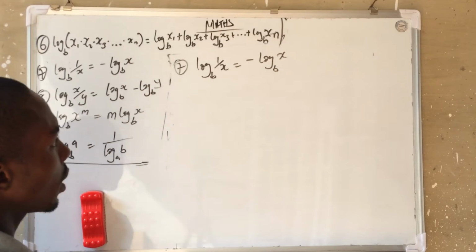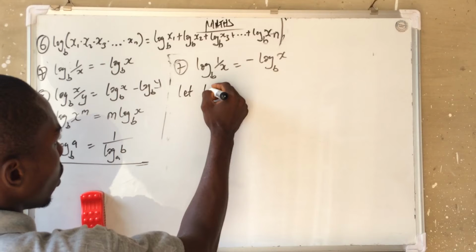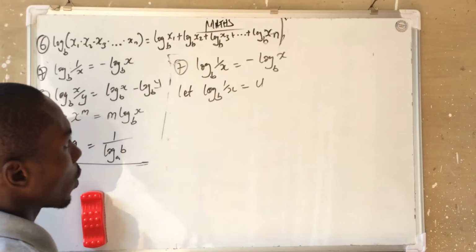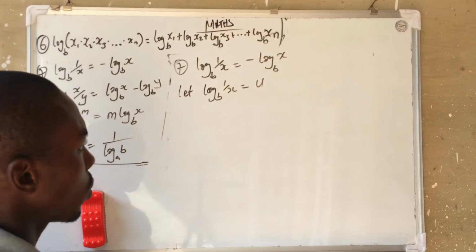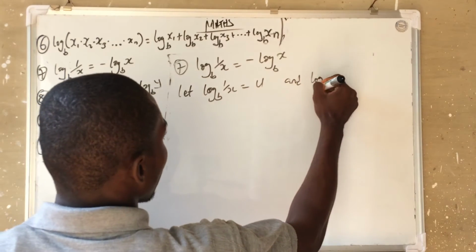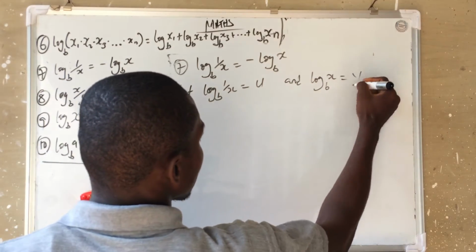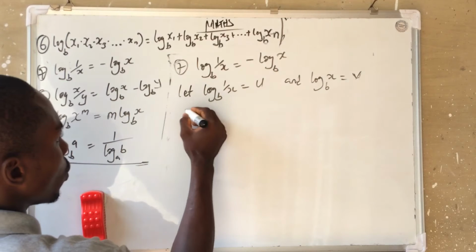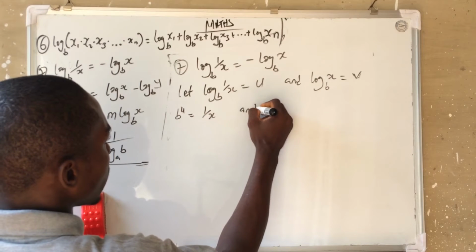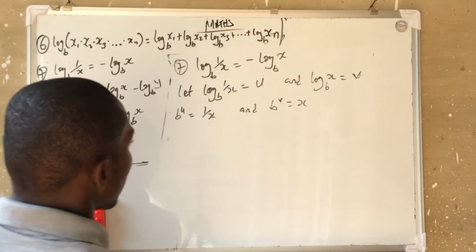So what we do here is, first of all, say let log b of 1 over x equal u, and log b of x equal, let's say, v. Now this will leave you with b raised to the power u is equal to 1 over x, and b raised to the power v is equal to x.